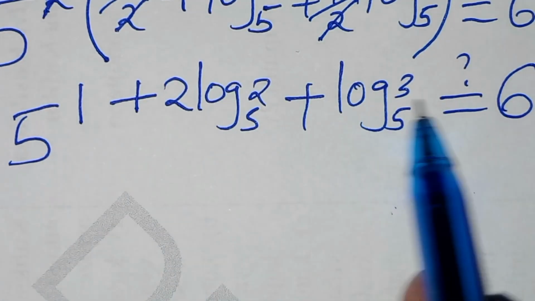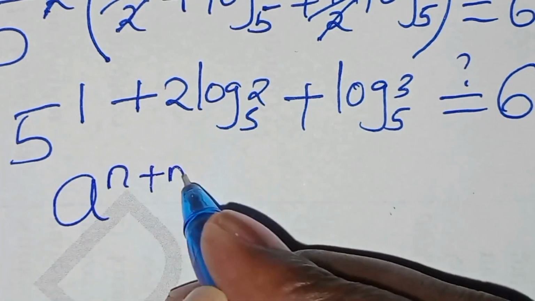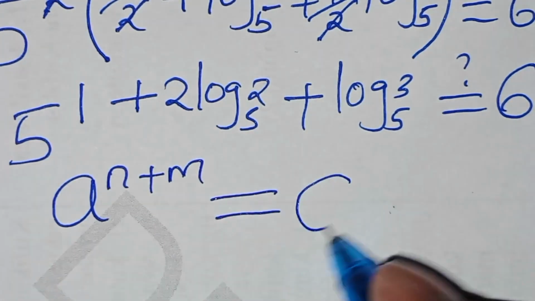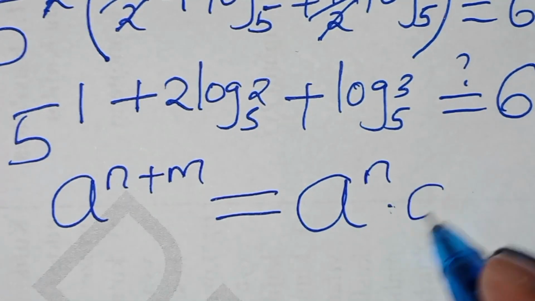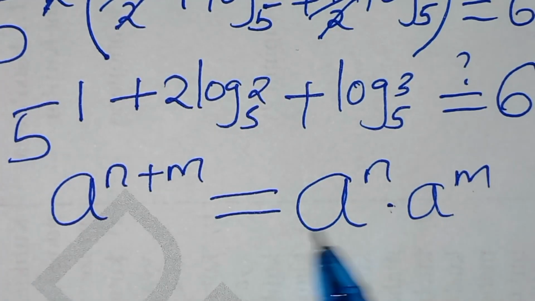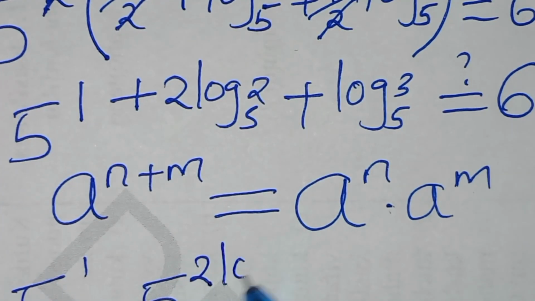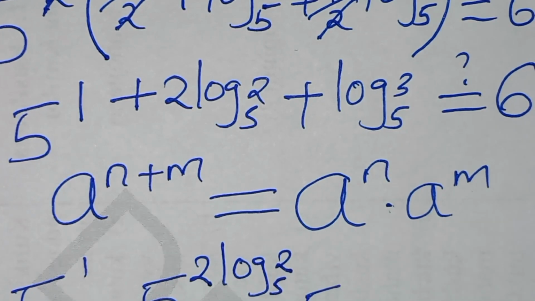Now this is actually in the form of a to the power n plus m, which we can transform as a to the power n times a to the power m. Applying this exponent property, then here we'll have 5 to the power 1 times 5 to the power 2 log 2 to base 5 multiplying by 5 to the power log 3 to base 5.